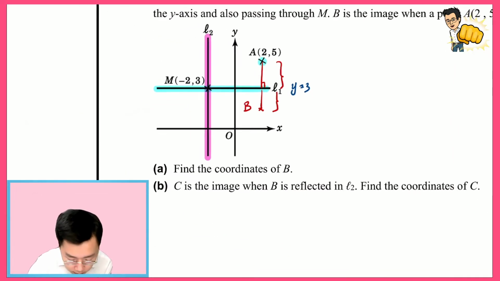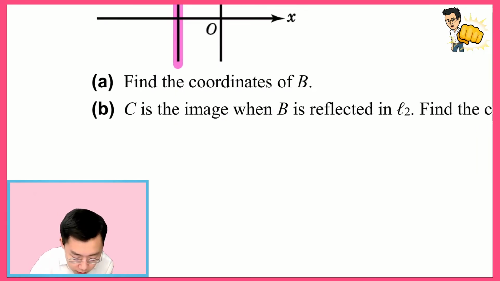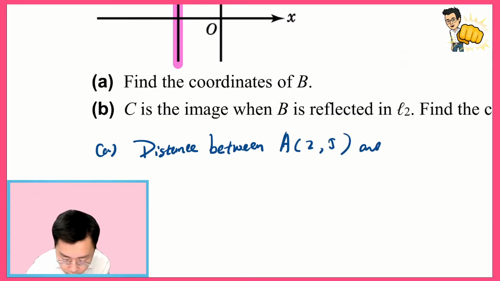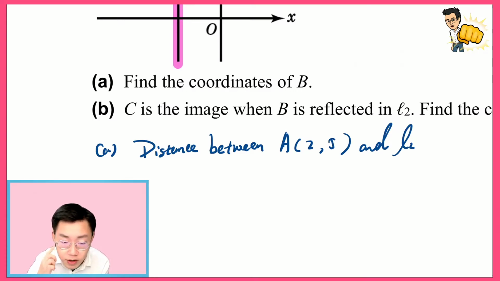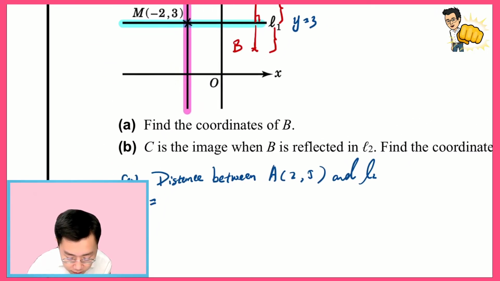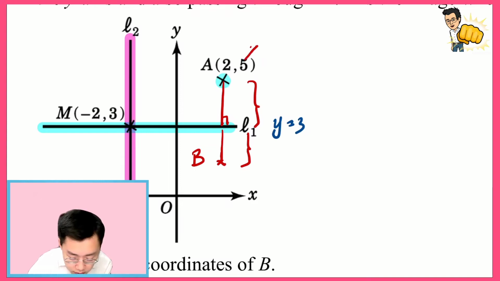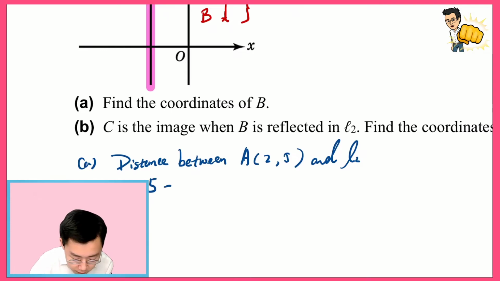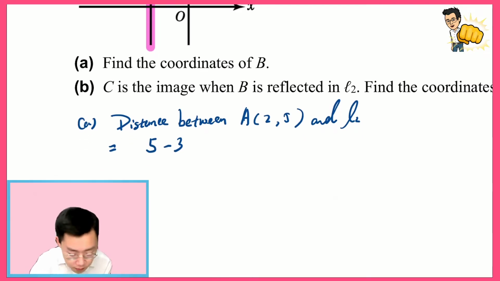So now we try to calculate the distance between point A and also L1. So for part A, we write down the distance between A, and the coordinates of A is 2, 5, and also L1. We try to find the distance and it should be 5 minus 3, because 5 is the y coordinate of A. 5 minus 3 equals 2 units.